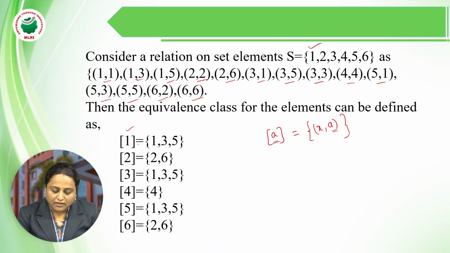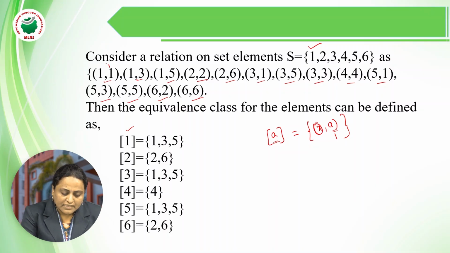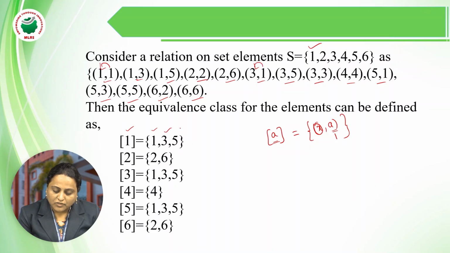So for 1, 1 should be in this place, and we check which elements are present in the place of x. 1 is related to 1, so you have written 1 here, and next 3 is related to 1, so you have written 3, and next 5 is related to 1, so you have written 5 here. That's all. So that is the equivalence class of 1.